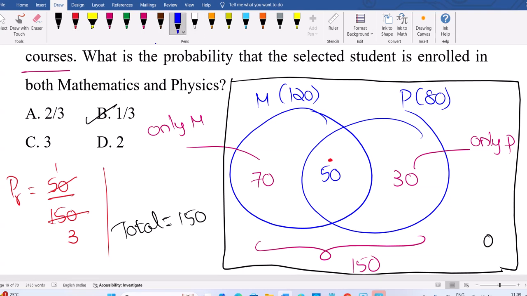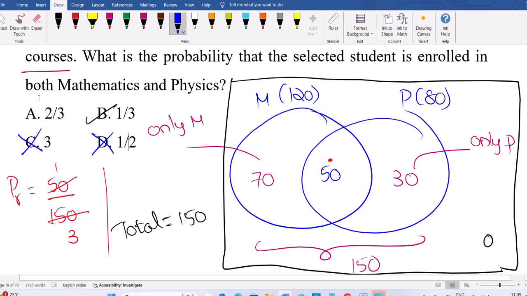Probability cannot be more than 1. So the remaining can be eliminated. It's 1 upon 3. Maybe this is 1 upon 2, a typing error might be. It cannot be 3, that's for sure, or it cannot be 2. 1 upon 3, favorable out of total.